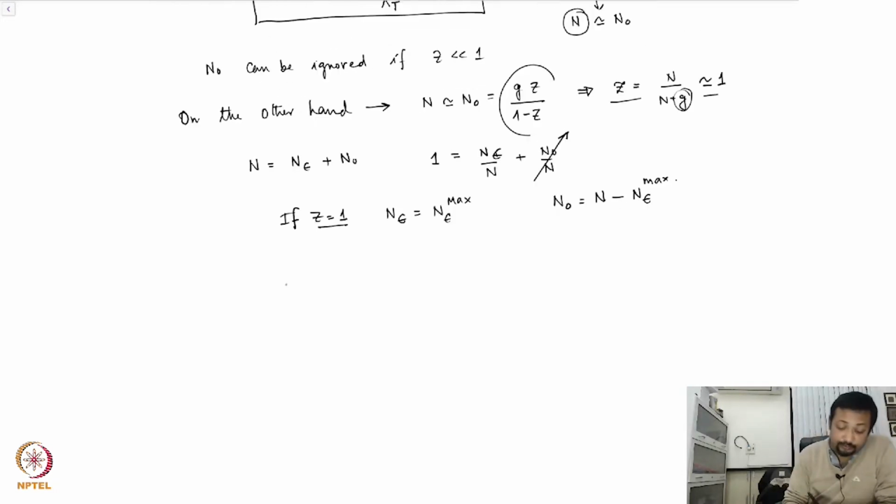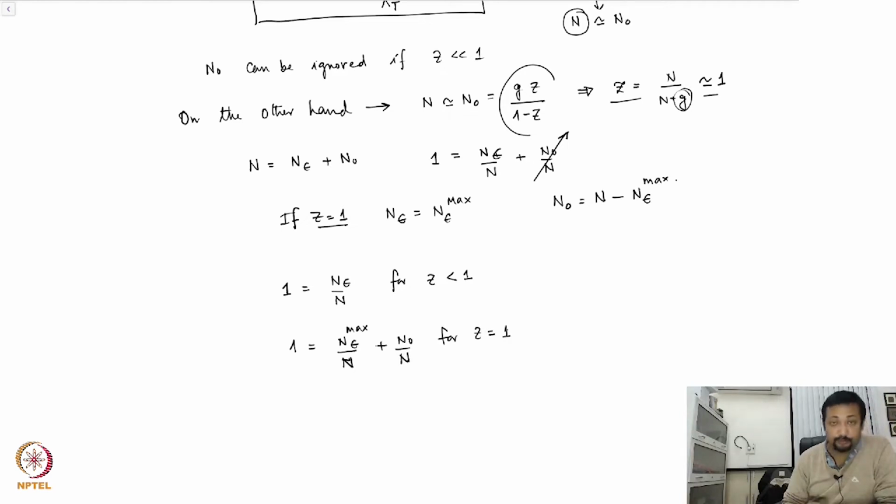So we conclude therefore that N epsilon over N is equal to 1 for z less than 1, and 1 is equal to N epsilon over N plus N0 over N for z equal to 1.